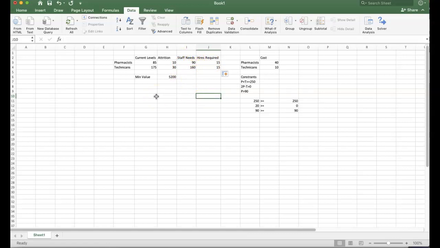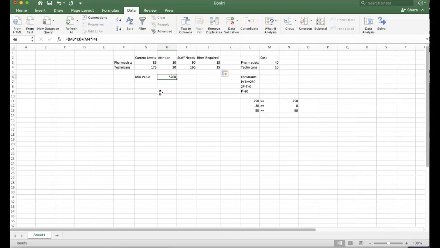And then our minimum value here is 5,200. That represents that the optimal solution requires 90 full-time equivalent pharmacists and 160 full-time equivalent technicians. The total cost is 5,200 per hour.